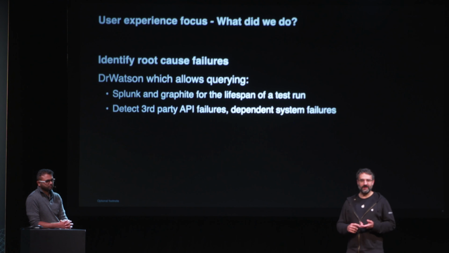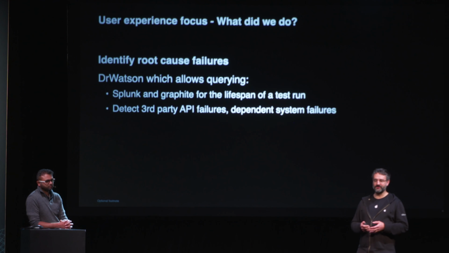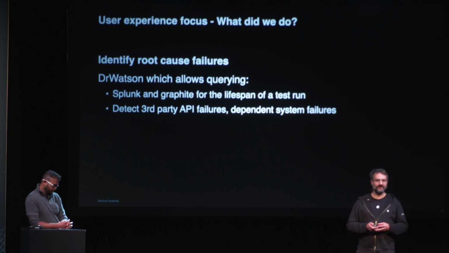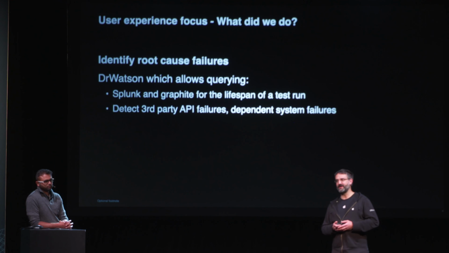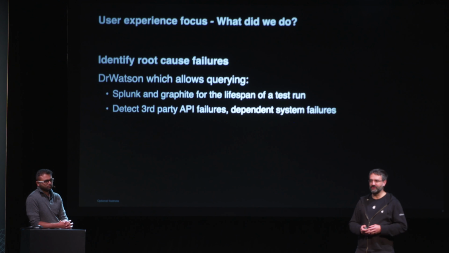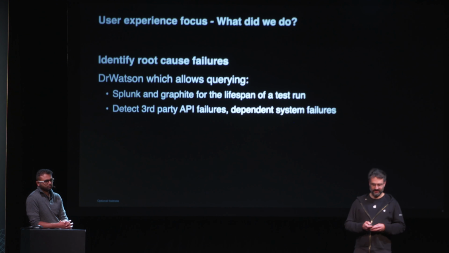What error happened? Is there any out of memory? Or how is the cluster doing overall? We use that as well to detect third-party API failures, so the ones we hadn't stubbed, and to detect how the dependent systems were doing so that we can bring all that back and expose that to the user so that the user had a good idea of how the infrastructure around the PR was working.